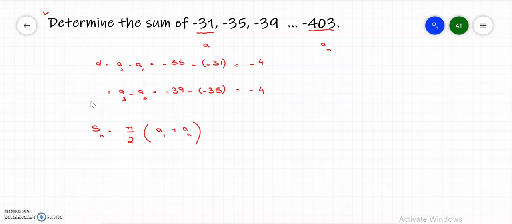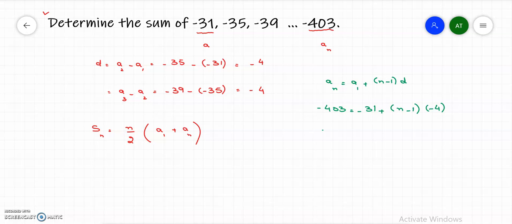Okay, so A1 is given, An is given, we know the D. How can we find the n value? We need the n there to get the sum. So to find out the n value, we use the formula of the arithmetic sequence, that is An would be equal to A1 plus (n minus 1) into D. So the An is negative 403, A1 is negative 31 plus (n value we need to determine minus 1), and then the d value is negative 4.